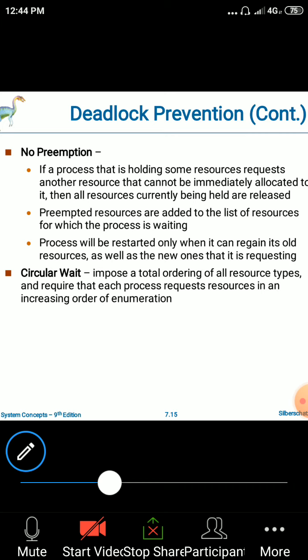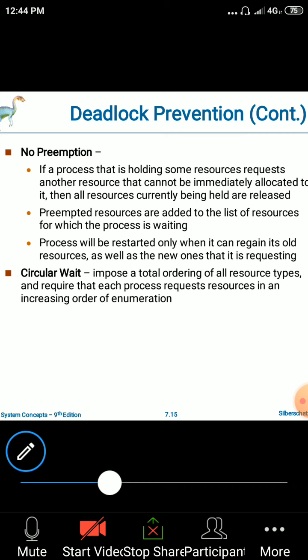Suppose the process P1 needs resources. First it has to request the CPU, because it has the lowest number, that is 1. So the integer number 1 is allotted to the CPU. First process P1 must request the CPU, then it can request memory, and finally it can request the printer.